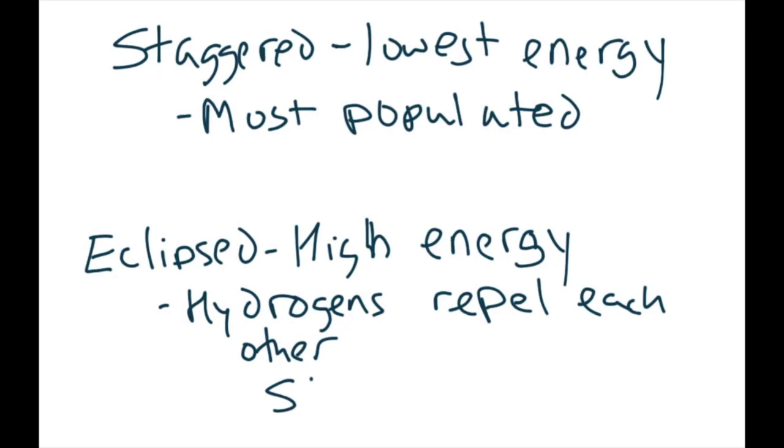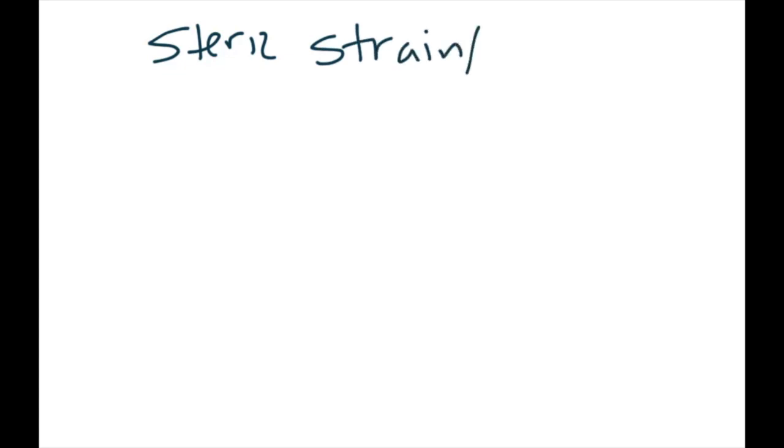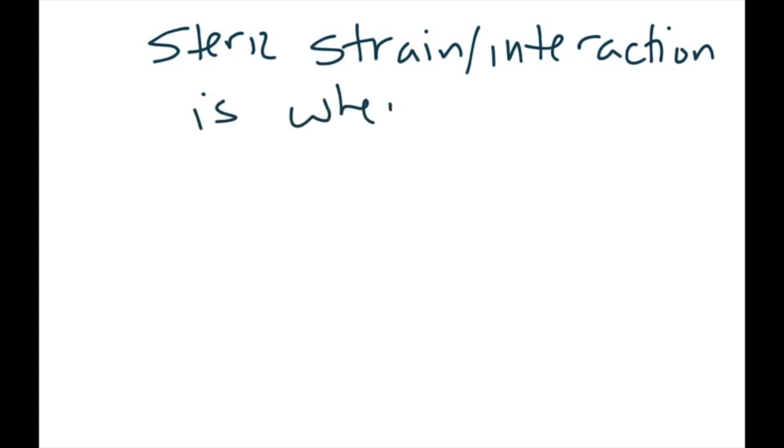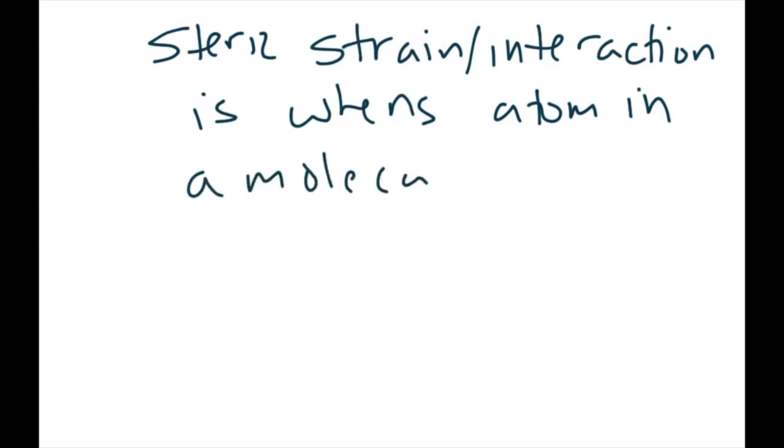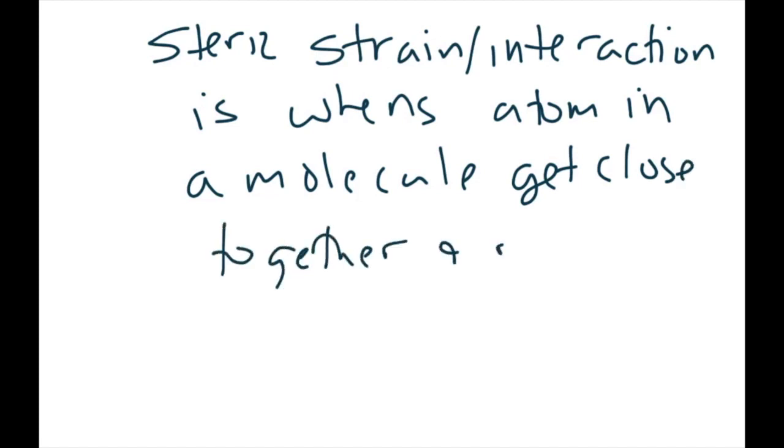I'm going to define steric interaction, right? So the hydrogens repel each other, it's a steric interaction. So steric strain, or interaction, is when atoms in a molecule get close together and repel.